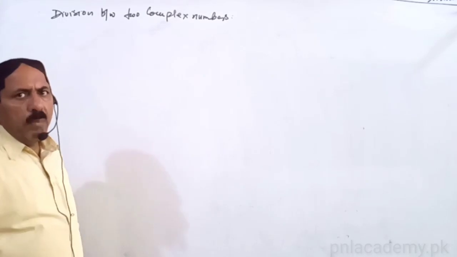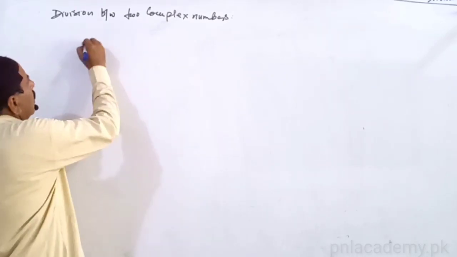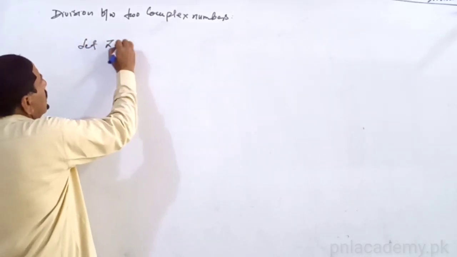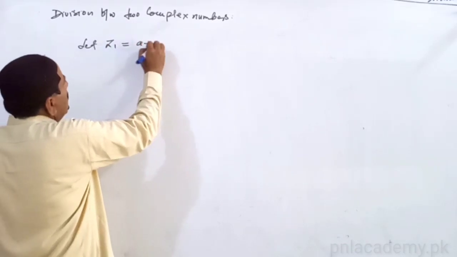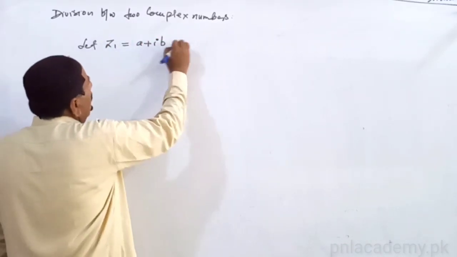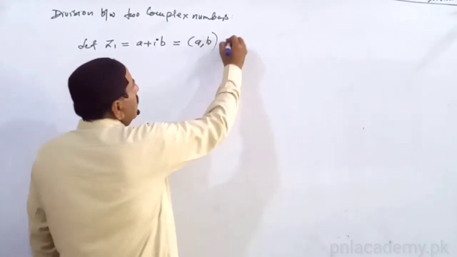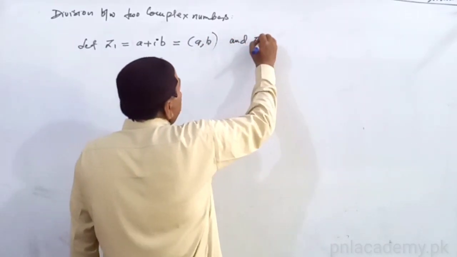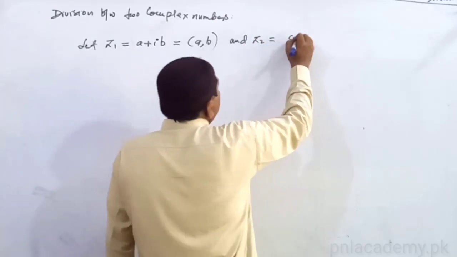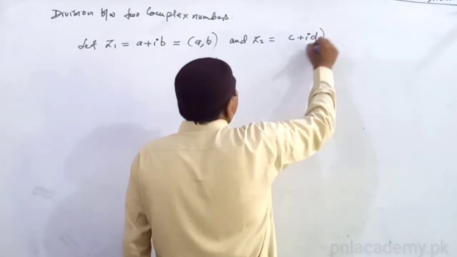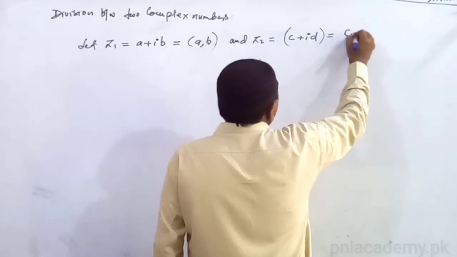Division between two complex numbers. Let Z1 be equal to A plus iota B, or (A, B), and Z2 equal to C plus iota D, or (C, D).